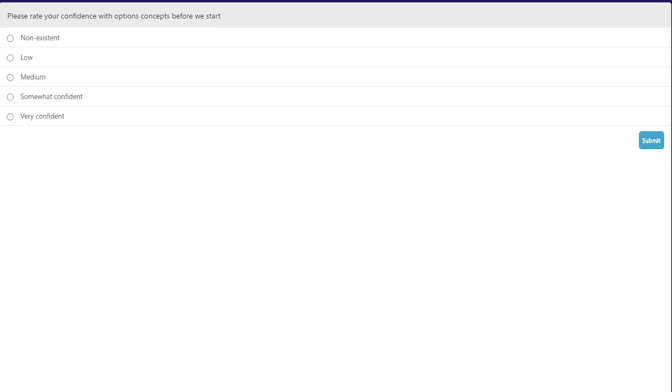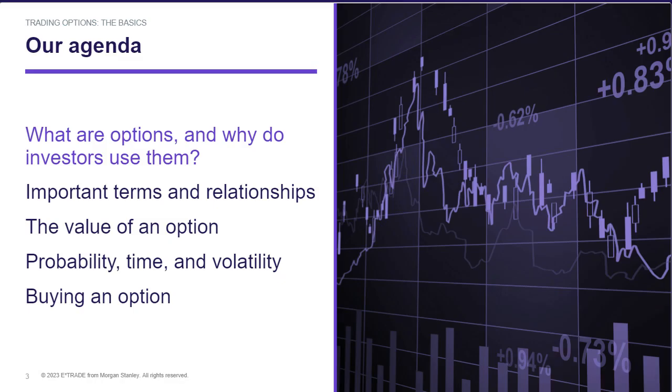So let's get started. We're going to go through this in a sequence here. First, we're going to talk about the very basics. What are they, and why do people use these things? Then we're going to get very definitional, some language and terms and relationships that may very well be new to you. And then we'll dig into the nitty-gritty.